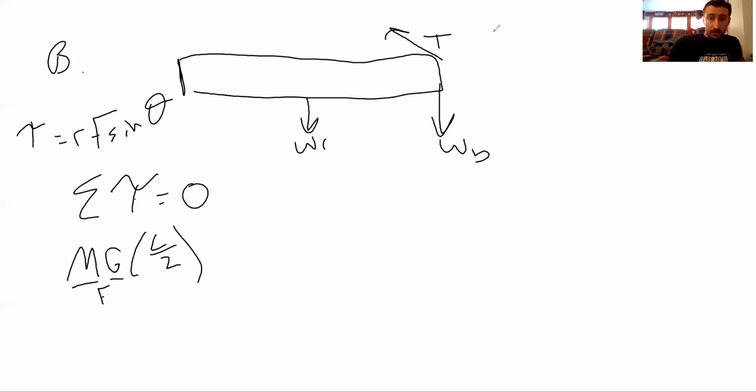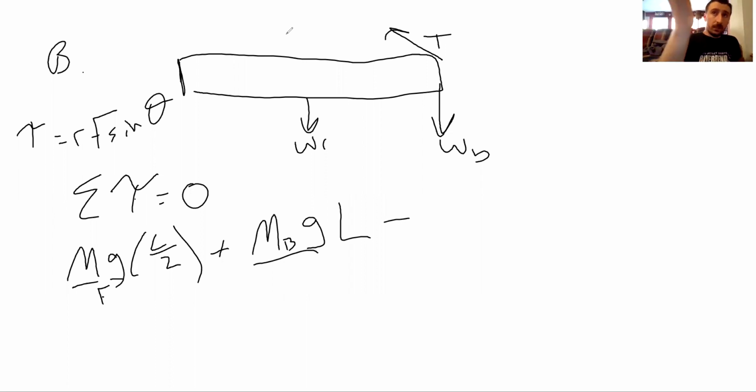So let's go ahead and do this, and we'll get mass of the block times g. I don't know why I made this capital. Let me erase this real quick. Sorry. That's the force. It's at a distance of L. And then the last one, the tension is going counterclockwise.